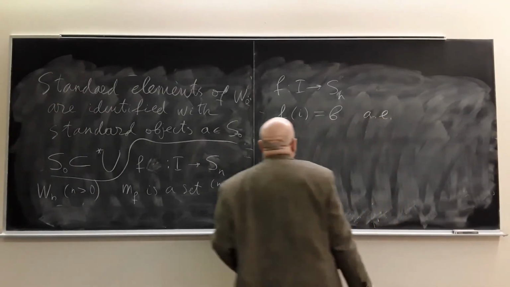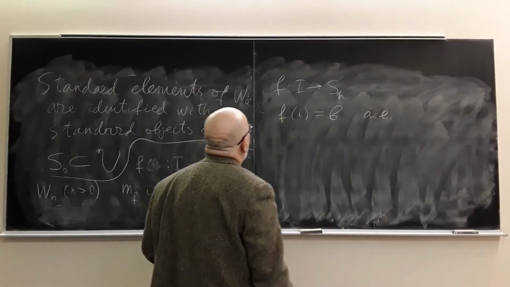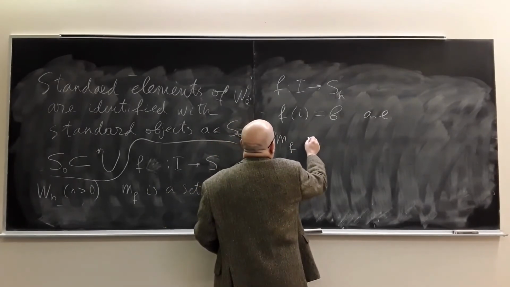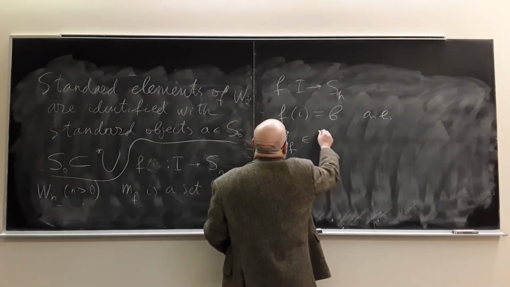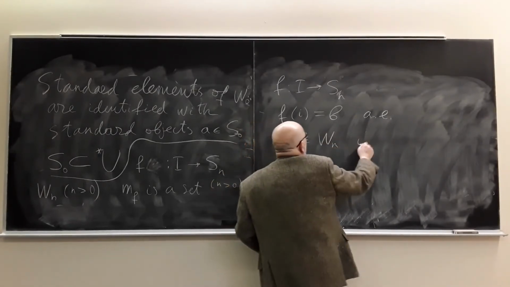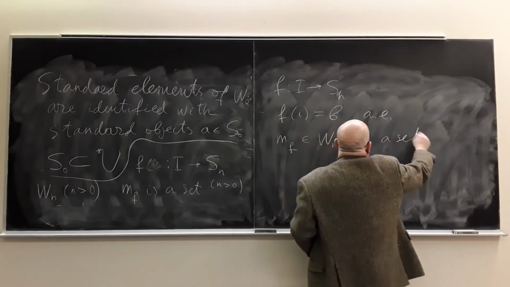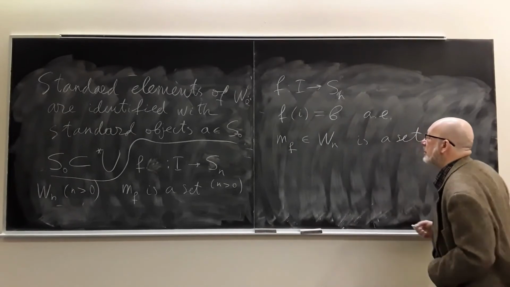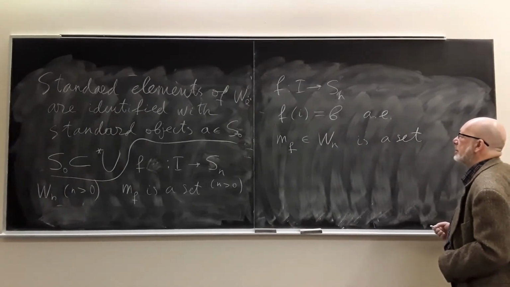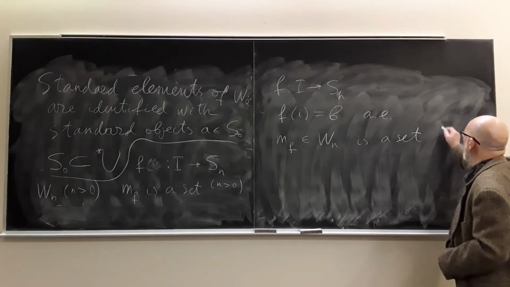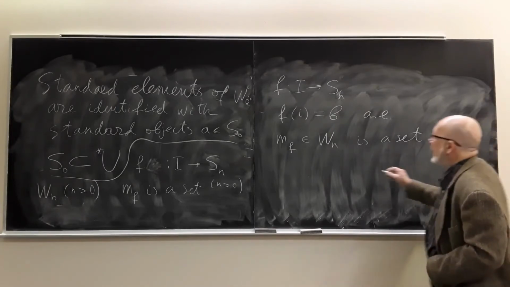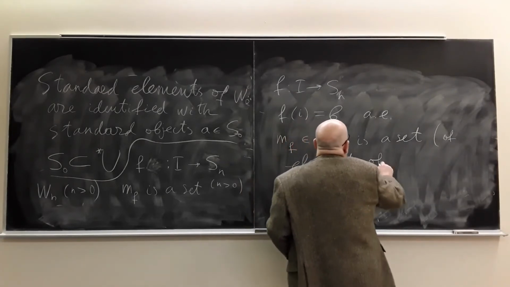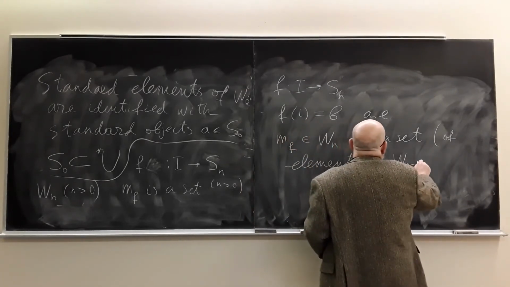Then corresponding MF in Wn is a set of elements of Wn minus 1.